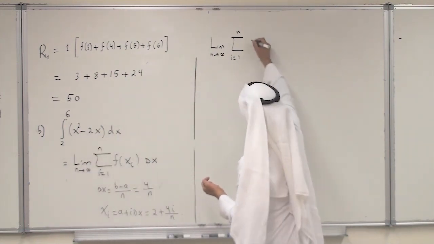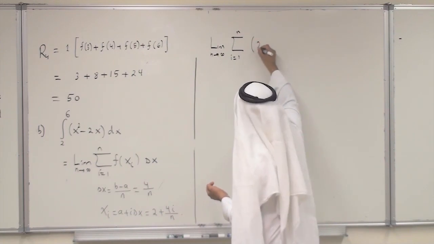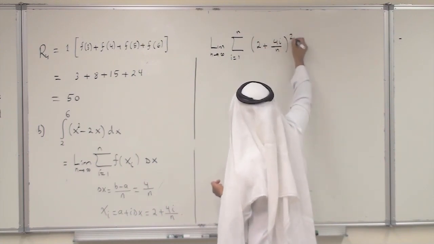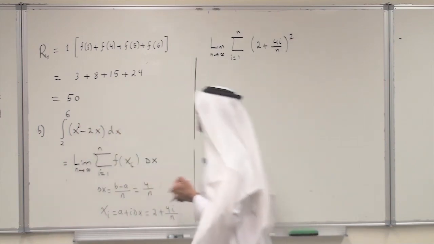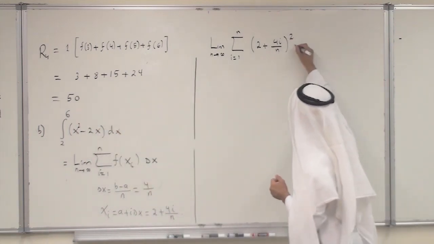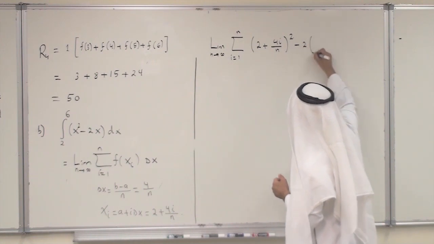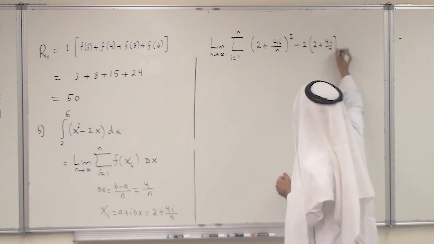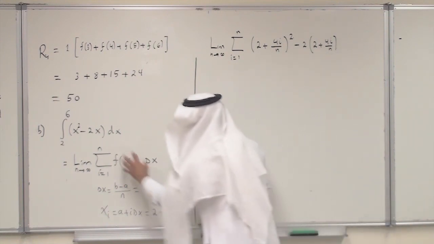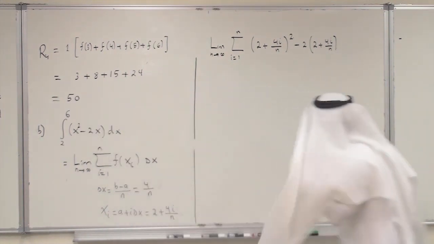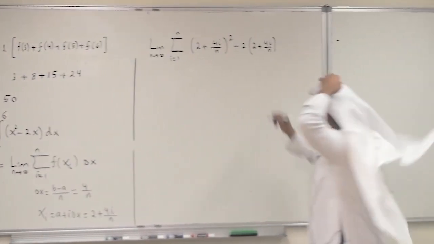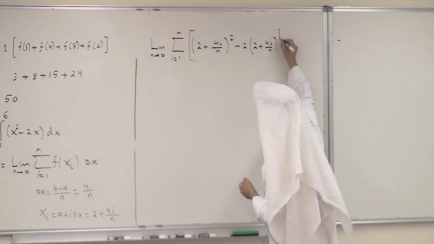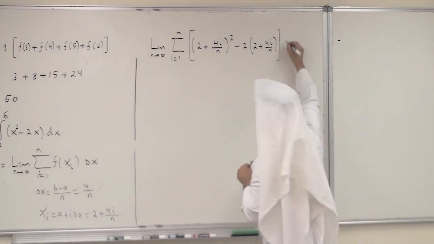So that will give me 2 plus 4i over n all squared, I am squaring the values of x, minus 2 times the xi's, 2 plus 4i over n. What I did now, I just took these numbers and substituted in the function. Now, everything here I need to multiply by delta x, which is simply 4 over n.